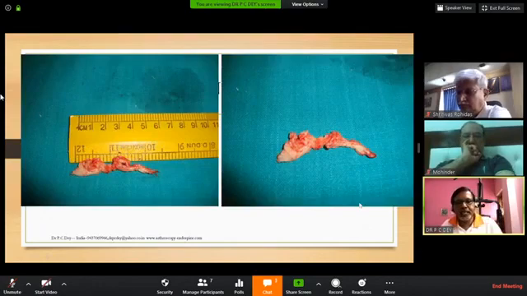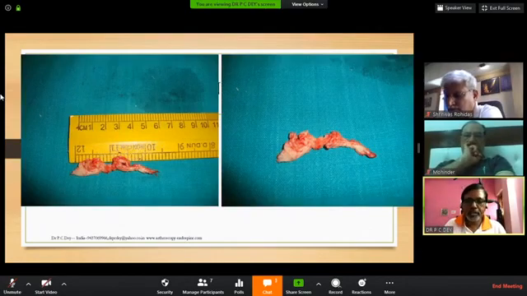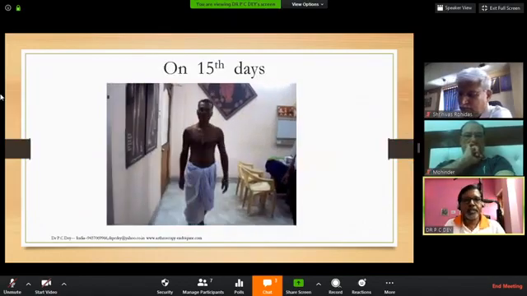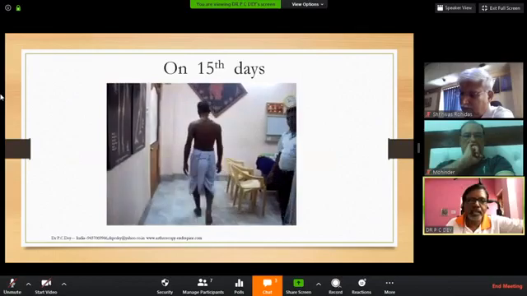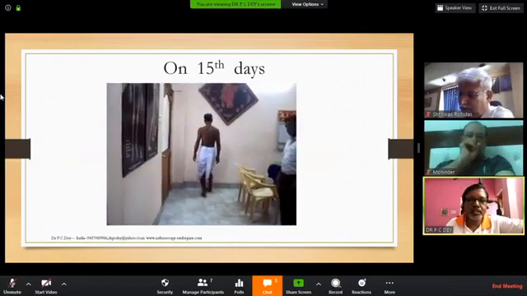So that was the one piece almost. We removed about 6 to 7 centimeters, and after 15 days, the patient is walking without any lacuna of anything, and that is the beauty of the surgery.